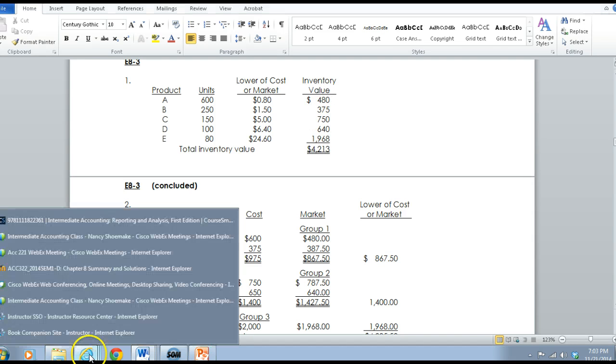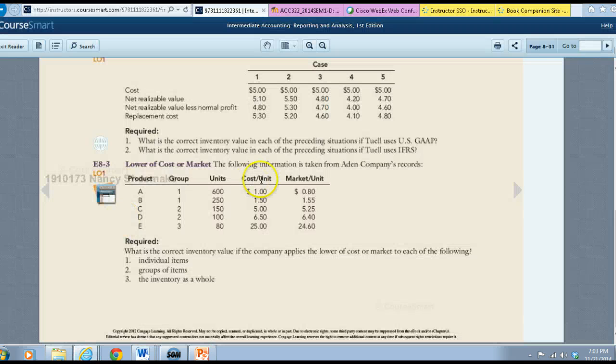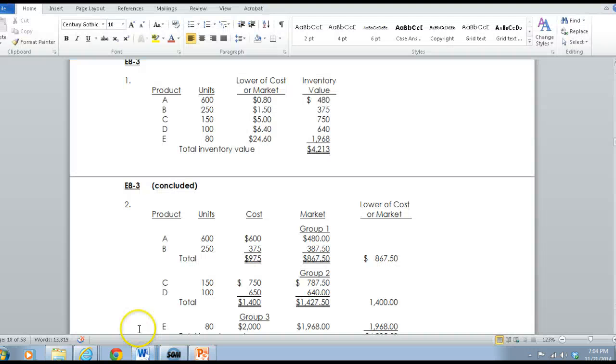For B, the 250 units, we've got a cost of $1.50, but the market value is $1.55. So in that case, we can take our cost of $1.50 at 250 units, $375.